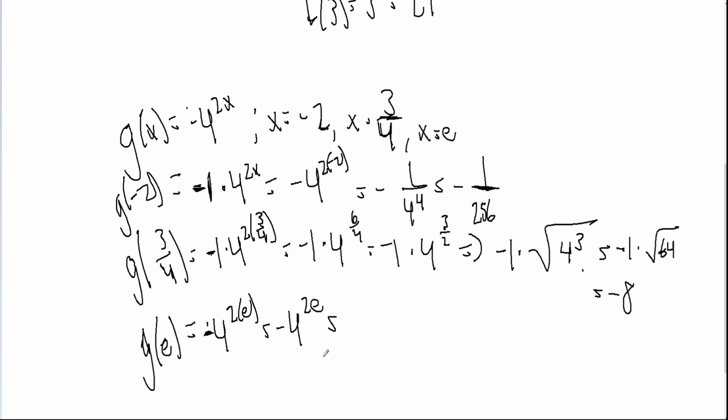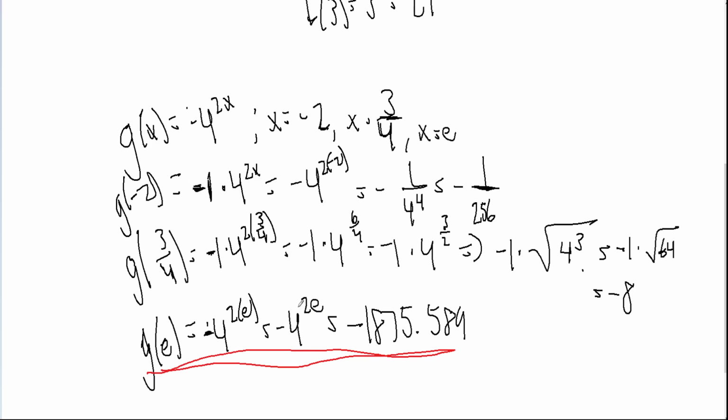That's a really large number, and it's actually -1,875.589. So again, if you're given something like this, you'll have to use a calculator to evaluate. But the other two can be easily done mentally and through our already established rules for exponents.